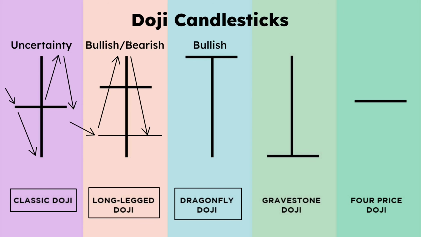And the simple reason for this is because the price opened all the way up here. During the candle, the bears managed to push the price down all the way to this point. But before the candle closed, the bulls took control once again and pushed the price all the way up to where it started. So this signals that the bulls are in control.